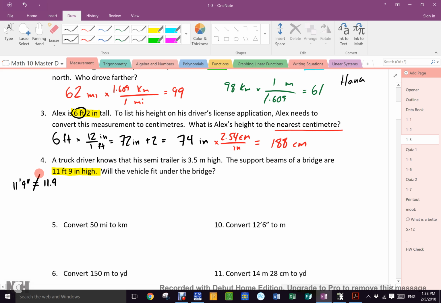No. It's not equal, is it? Is 11 feet 9 inches equal to 11 and 9/12 of the next foot? Yes. Is 11 and 9/12 of a foot equal to 11 and 3/4 of a foot? Yes. Is 11 and 3/4 of a foot equal to 11.75?